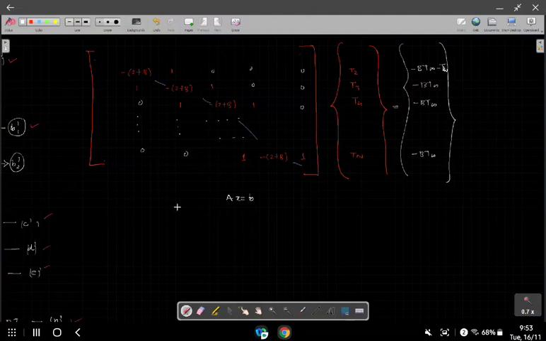Now to solve this matrix, methods of solution of matrix, we know that there is a direct method. We know that there are iterative methods.